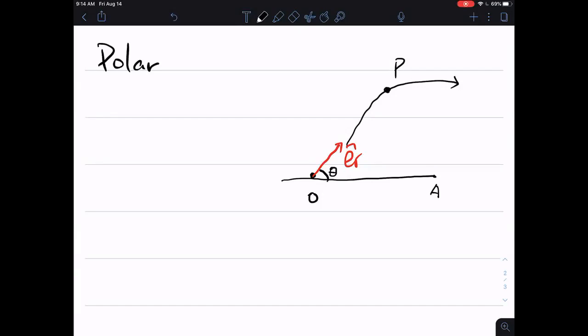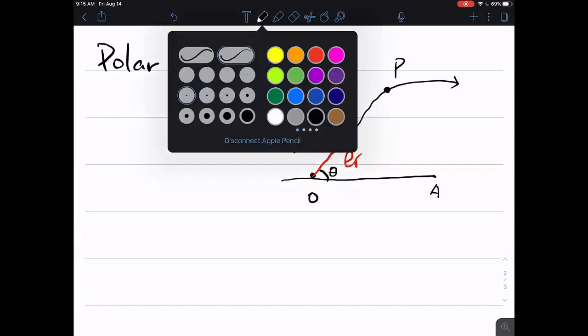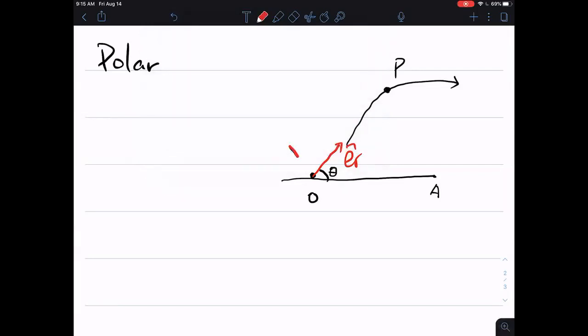So e_theta must point in the direction of increasing theta. If the particle goes that way, theta is decreasing. Then we have to draw our e_theta in the direction of increasing theta.